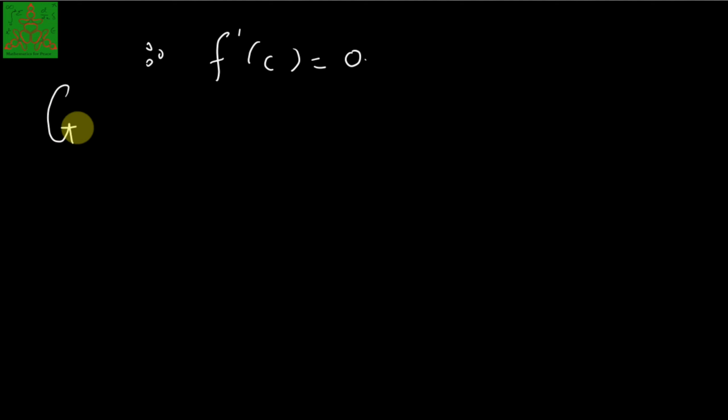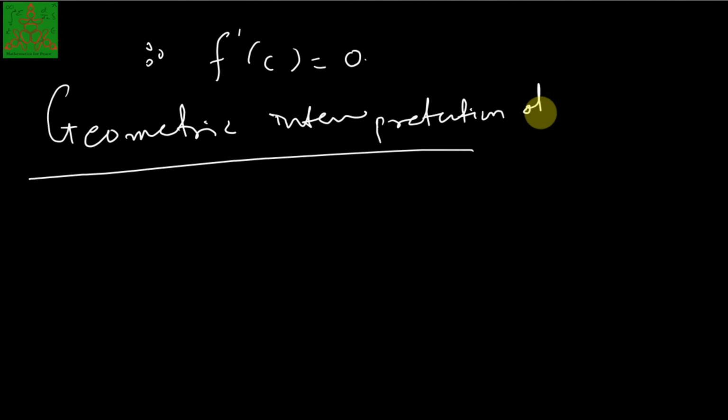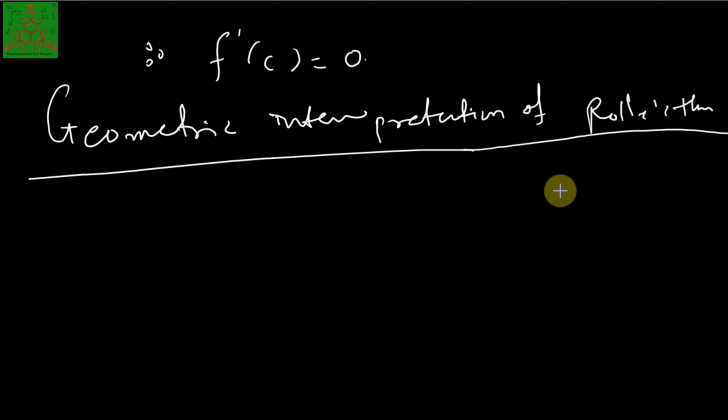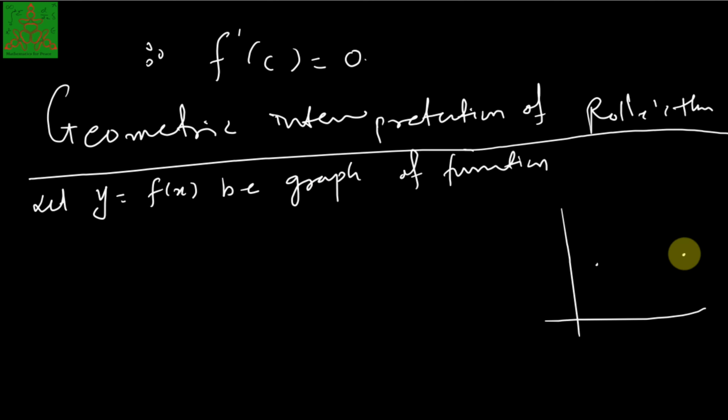So I can say a geometrical interpretation of Rolle's theorem. So what we have done is, you have a function, let y is equal to f of x be a graph of the function with the condition that the y coordinate of these two points will be the same, as we have plotted earlier also.